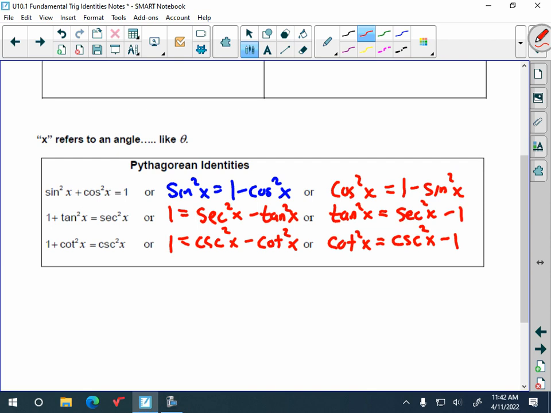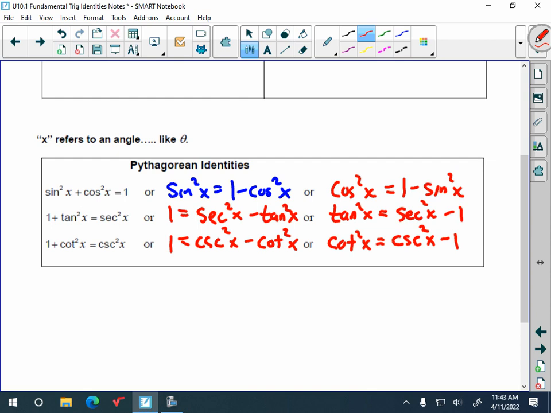All right, so here's the 9 versions of the Pythagorean identity. 3, 3, 3. Make sure you have all those written like that.